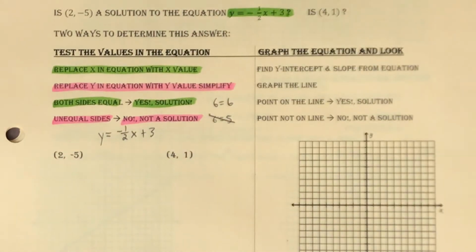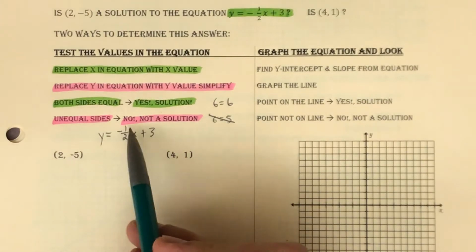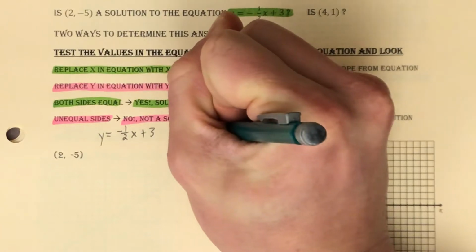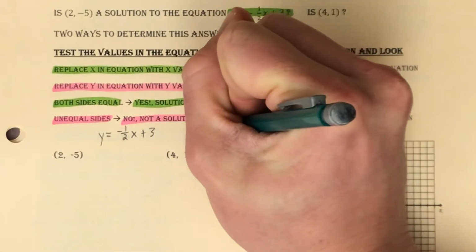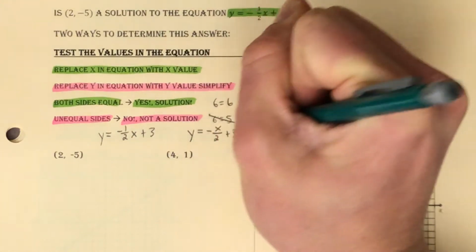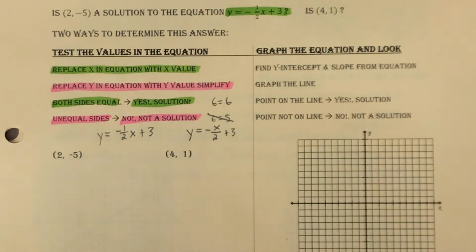We did talk about previously that we could move the x to the top. If you'd like to do that, I'm going to move it to the top and end up with y equals -x/2 plus 3.